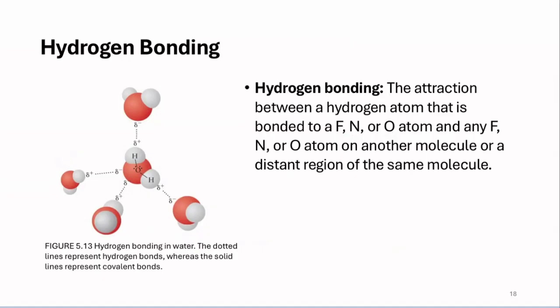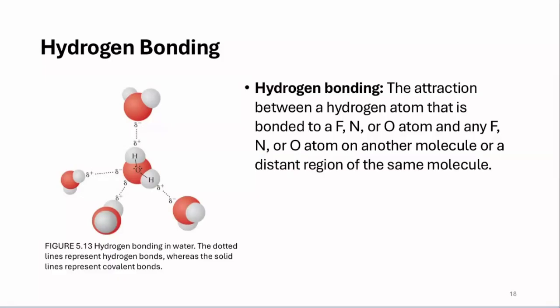So in your molecule, you need to have hydrogen bonded to either fluorine, nitrogen, or oxygen. Additionally, the only way that we can have hydrogen bonding is if the other molecule also contains fluorine, nitrogen, or oxygen as an atom.